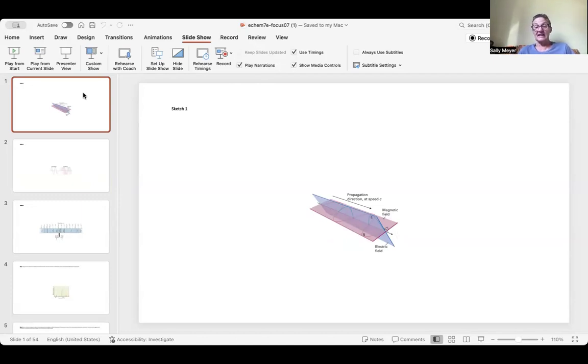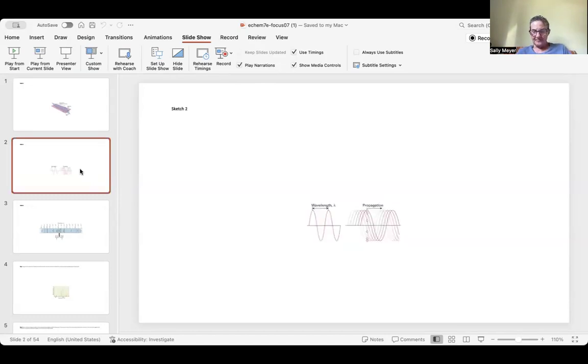You've already looked at things like NMR, where we also have to worry about the magnetic field, but we will pretend that we just have a planar wave and that it's the electric component of the electromagnetic radiation field that we're looking at. So this just reminds you that light is moving, and so it's propagating, in this case, to the right. And the definition of the wavelength is the distance between two peaks.